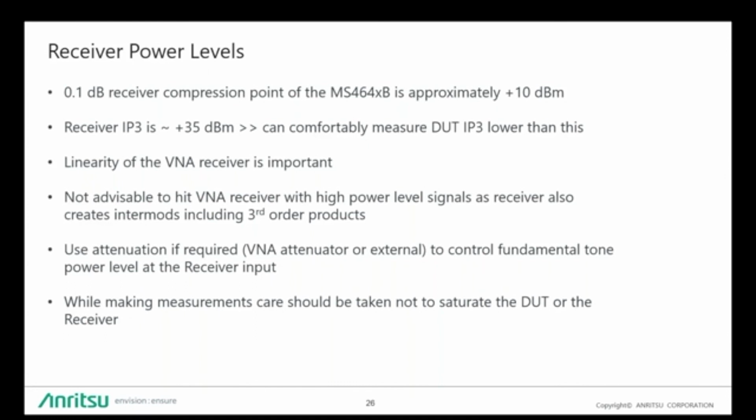If that delta increases, meaning if the IMD3 goes from 40 dB to, let's say, 45 dB, then you know that some of it was actually coming from your own receiver. So the whole idea here is care should be taken not to saturate the DUT itself or your own receiver in the VNA. And the VectorStar actually does have internal attenuation built in also, so you can play around with that in order to set the correct level of attenuation if required.